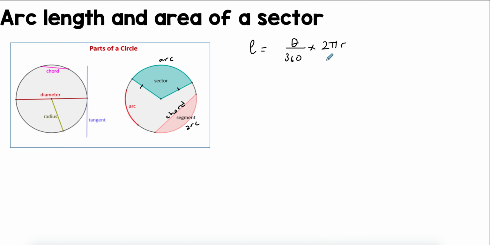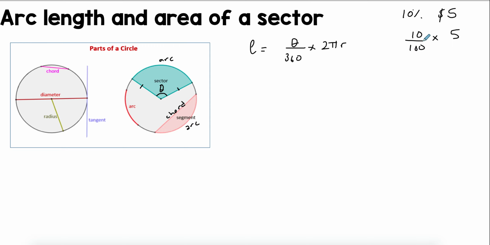Now, I'm someone that doesn't memorize formulas, and I try to understand how the formulas work. What this actually means is that your sector has a specific theta that it comes from. So it's like taking a percentage. If I'm doing 10% of $5, then 10% is 10 over 100 of $5.